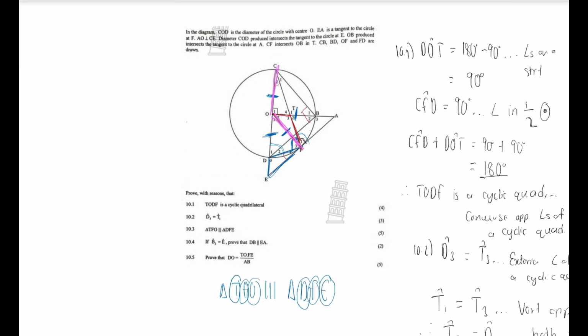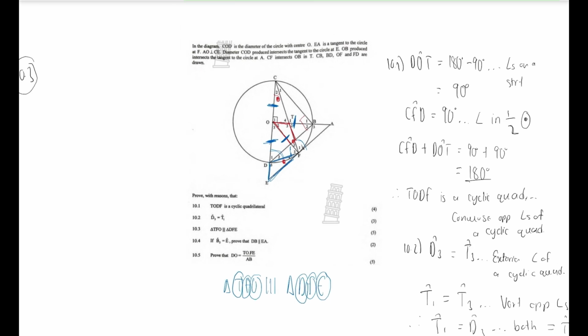And because OF equals OC, this F2, which is written here, is going to be equal to that C2. And you know that C2, which is over there, is going to be equal to that F4. And that means F4 must be equal to F2. And just like that, you're done with your similarity, because you only need two angles, and the third angle is just going to be obvious.